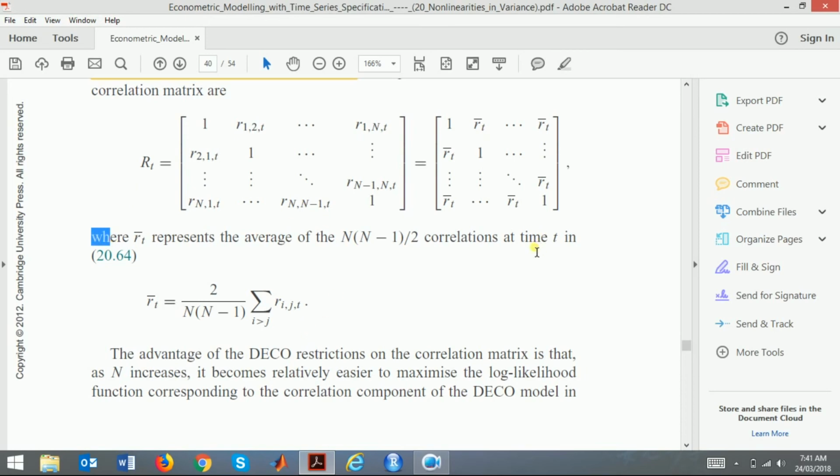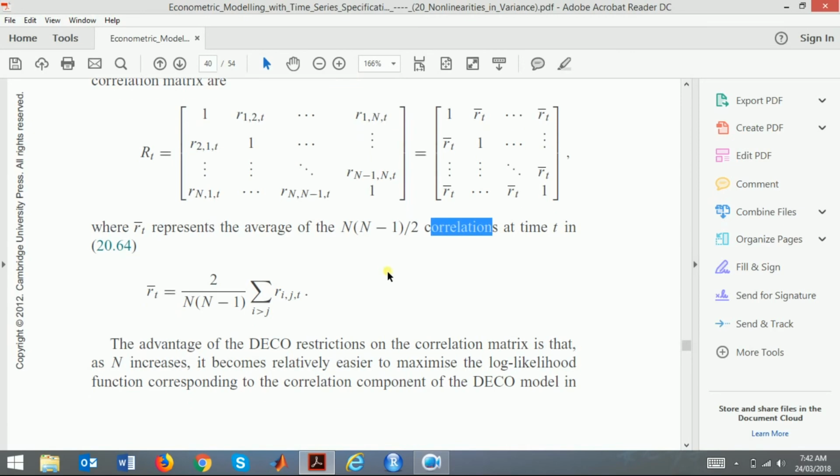So this is just a loop. Fine. Correlations are over here. On the diagonal the covariances are 1. Average correlation at time t.